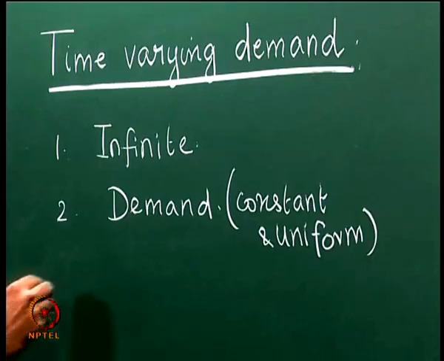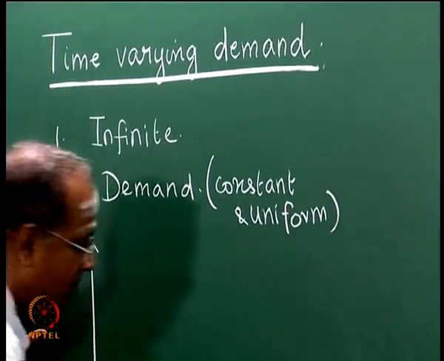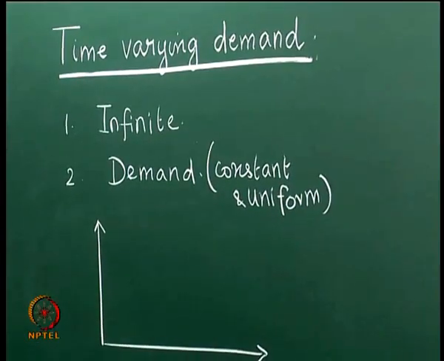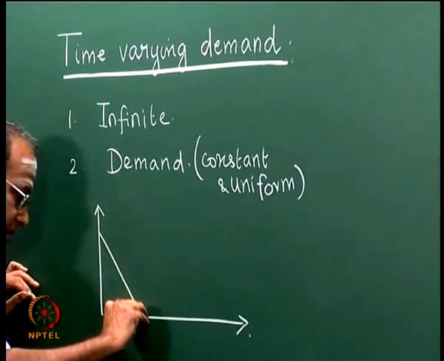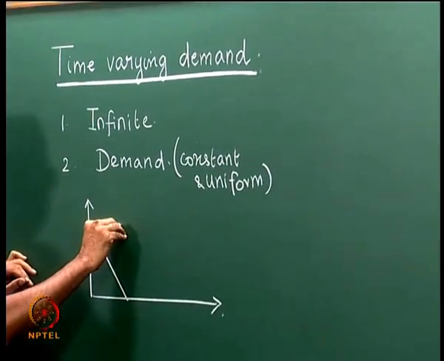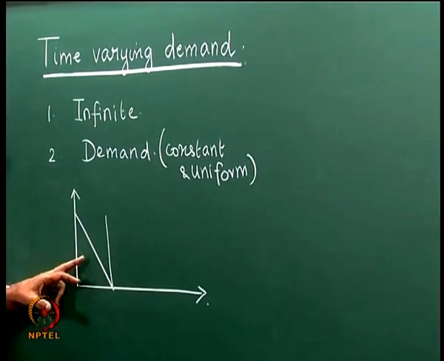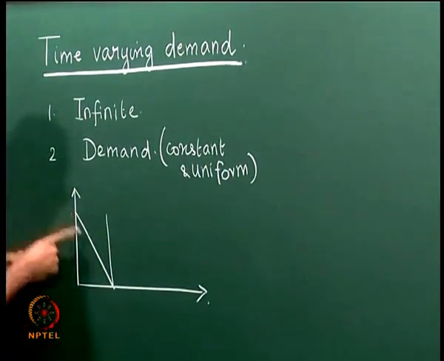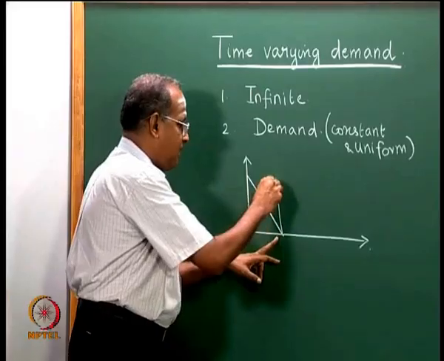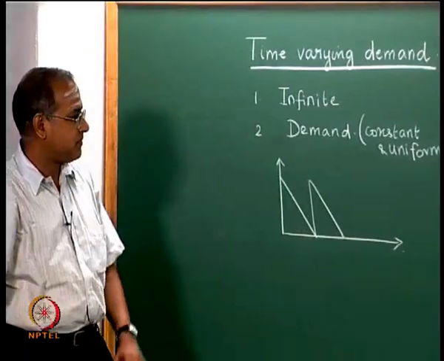For example, when we looked at the basic inventory model, which is the sawtooth model, at time equal to 0 we order a Q and it is instantaneously replenished, and then it is consumed till the inventory reaches 0, and then another order is placed, and this process continues.